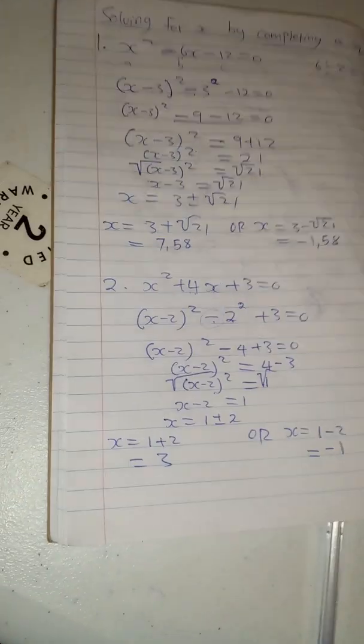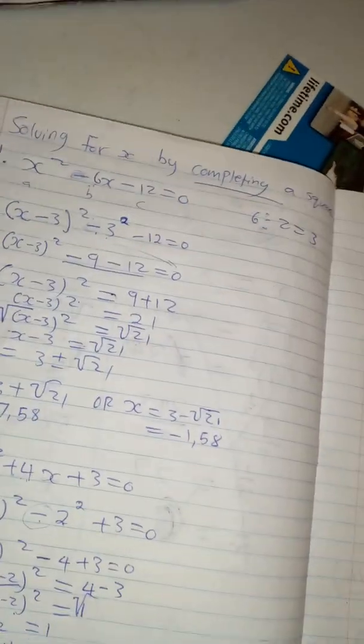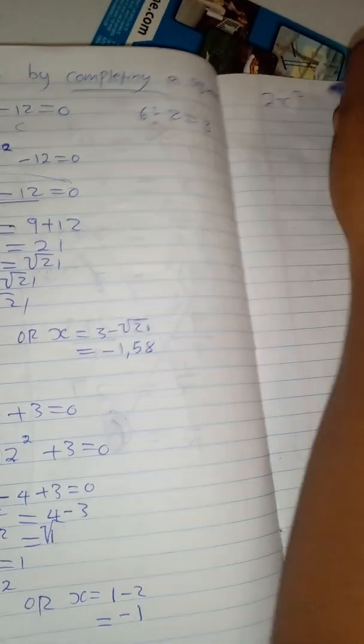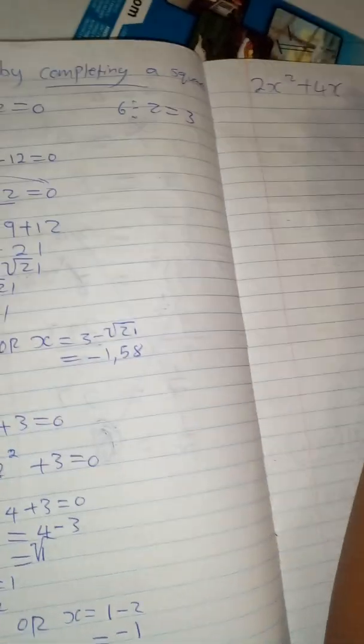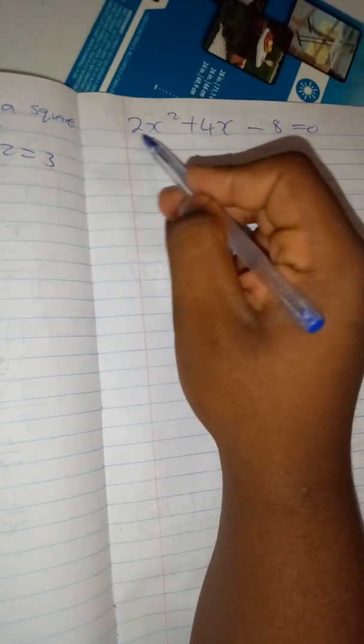So let's do a different one. Let's say you have something like 2x squared plus 4x minus 8 equals 0. Don't start solving it when it is like this. When you are completing the square, solving for x, you must make sure that the coefficient of x squared, number a, must be 1.